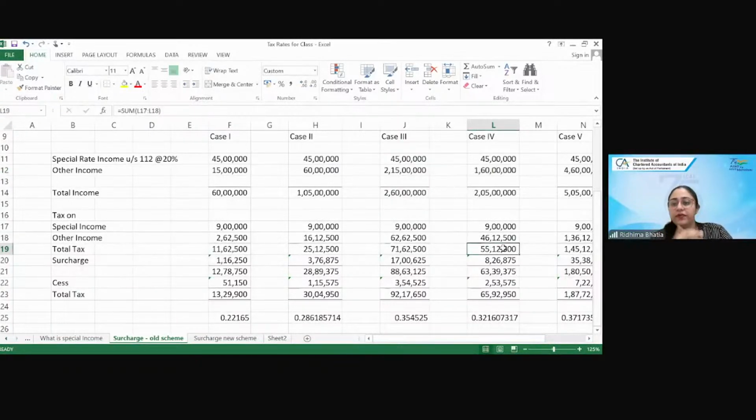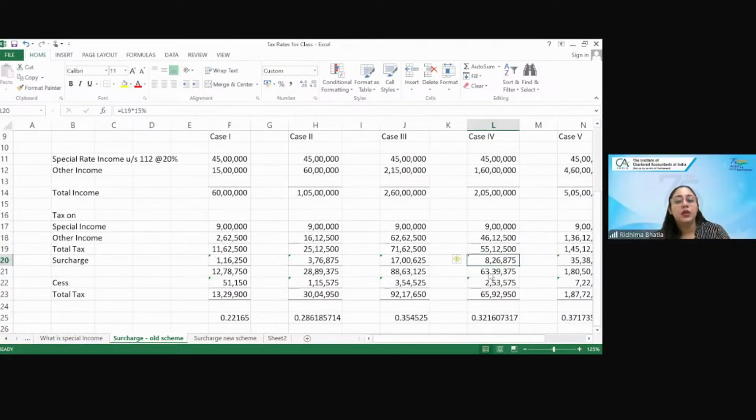Now on this total 55 lakh 12,500, अब technically तो 9 lakh पे it is sealed and closed, that whenever the income is crossing 2 crore, special rate income पे tax would be the special rate, but surcharge would be 15%. Total income जहां 2 crore cross हुआ, you have to be careful that special income of 111A, 112A, 112 and dividend pay maximum surcharge would be 15%. But on this 46 lakh 12,500 also, maximum surcharge would be 15%, not 25%. This is the difference between case 3 and case 4.